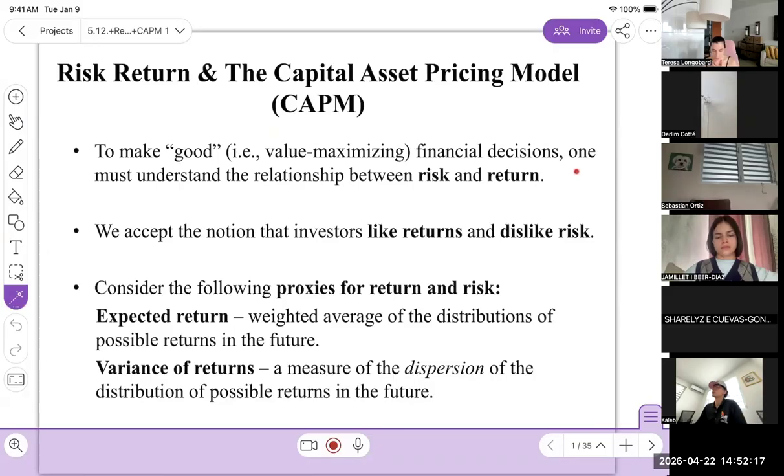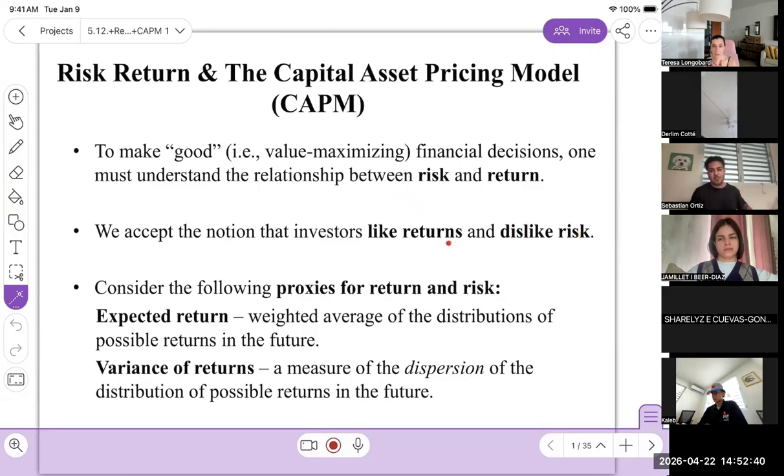We want to make good value maximizing financial decisions. So we want to maximize the value of our stock, which in turn maximizes the value of the firm. And to do that, we care about in a stock issuing firm the relationship between risk and return. We like returns and we don't like risk.